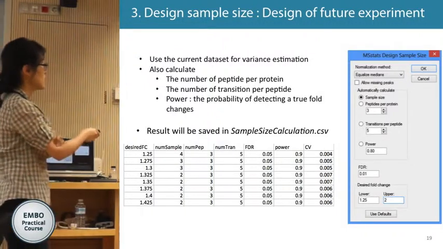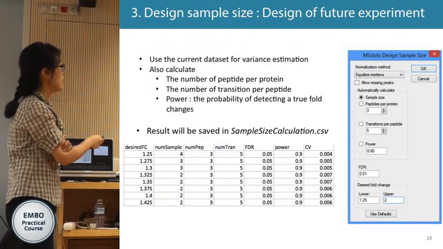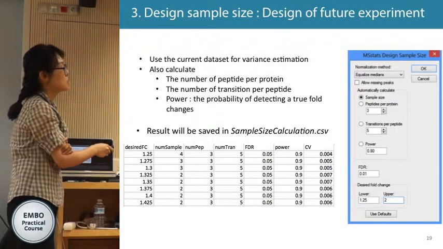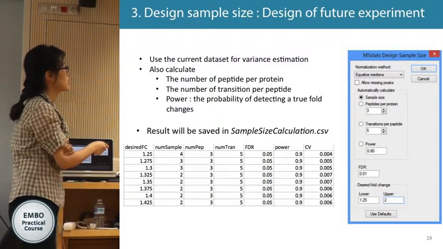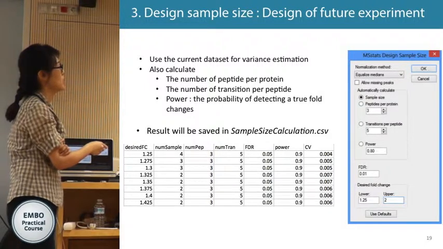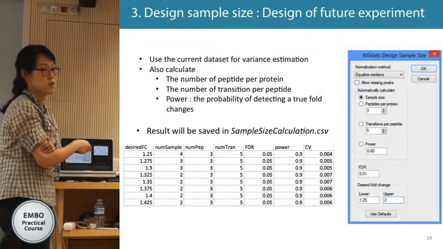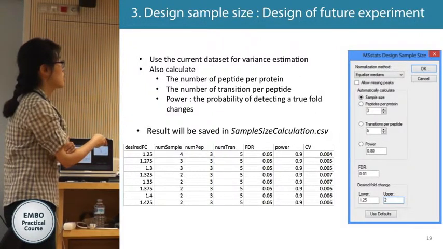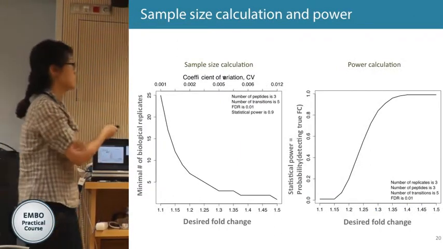So if you click this, these tables will be generated. For example, if you want a desired fold change of 1.25 with 0.9 power, and you have 3 peptides per protein and 5 transitions per peptide, you need 4 samples per condition. With this table, we can generate this plot. This is just a summary of the tables.